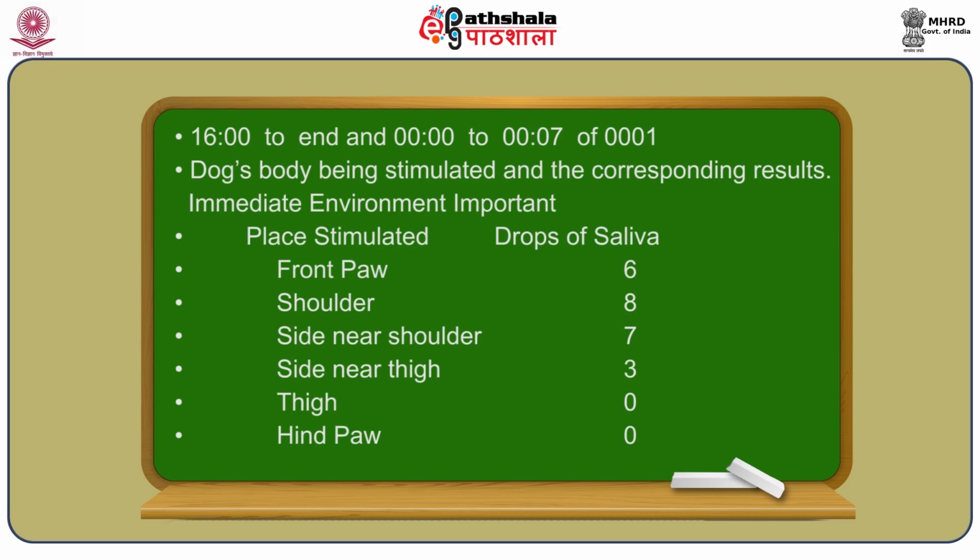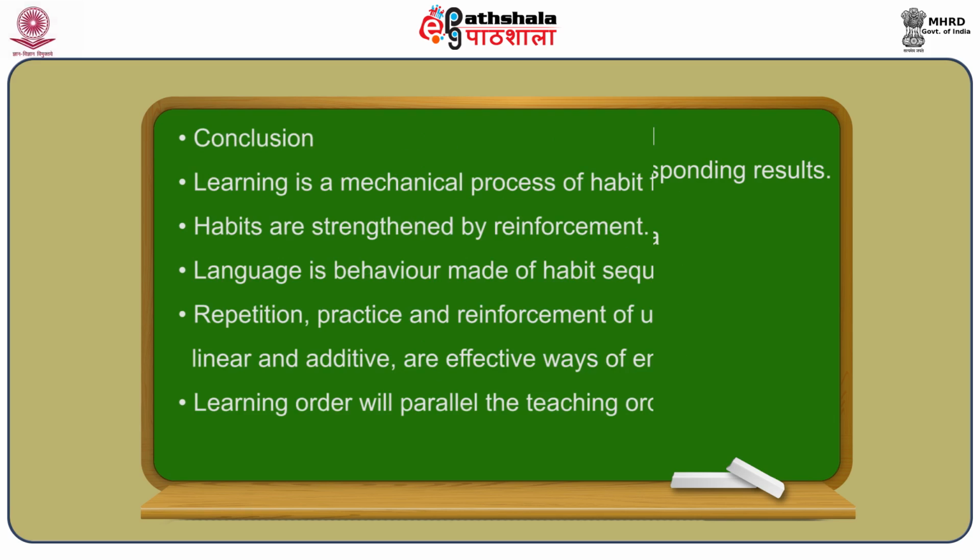Side shoulder, there were 7 drops. At the back, there were only 3 drops, but on the hind paw, the back paw, there were 0 drops. You can't transfer this to human learning at all, but things of this sort were transferred.